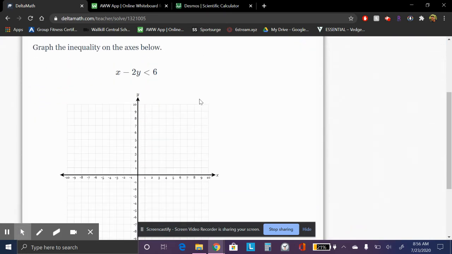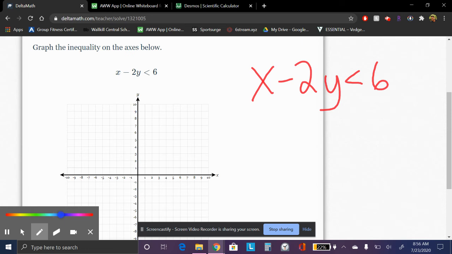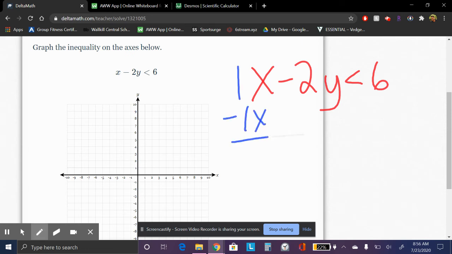Another good one. Let's do this one. So I'm going to write it over here. x minus 2y is less than 6. I'm going to put the 1 out in front. So I'm going to subtract 1x from both sides.